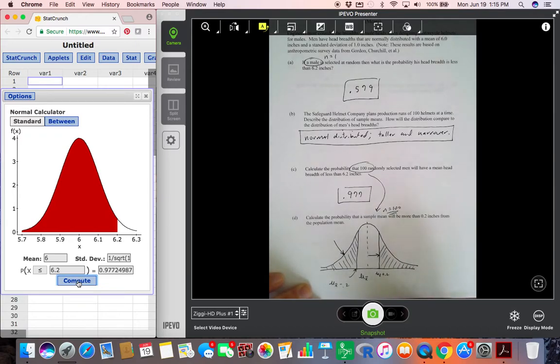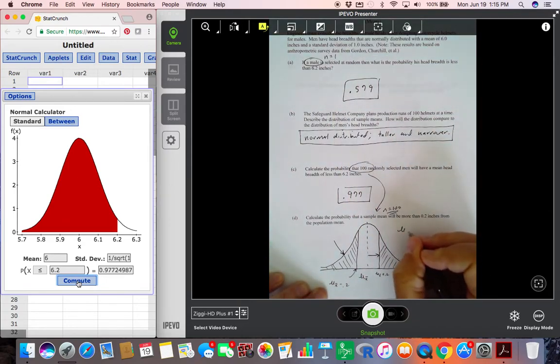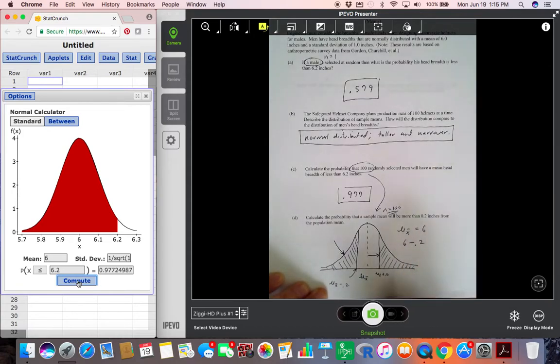So essentially, what do we need? We know the mean is going to be 6. So we need 6 minus 0.2, which we know is going to be 5.8. So we need 5.8 and below and 5.8 and above, as long as we get everything set correctly.